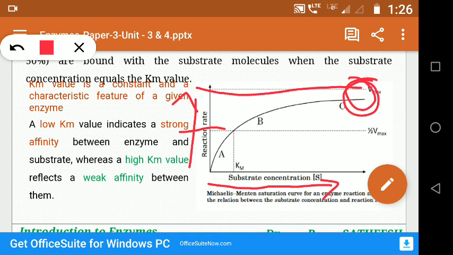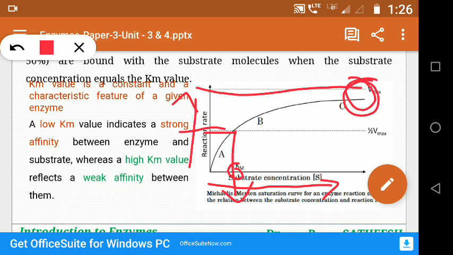So at 50% of Vmax, if we draw a line from 50% to this curve, and draw this line to the x-axis, then we will get a substrate concentration here. This substrate concentration is equal to Km.